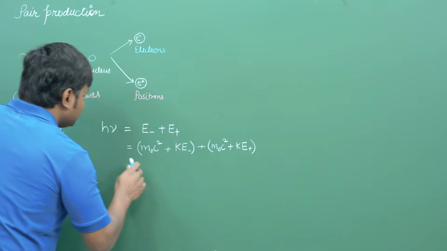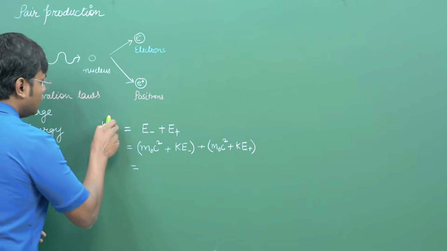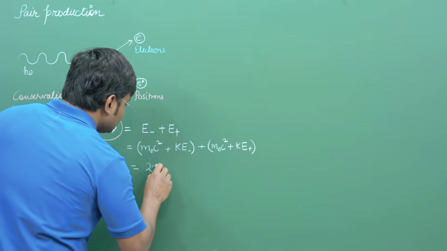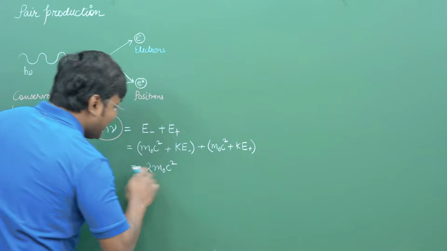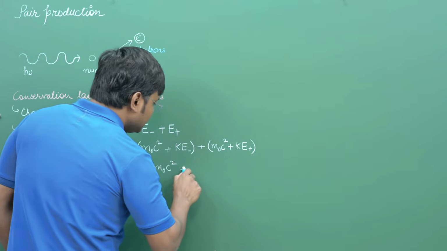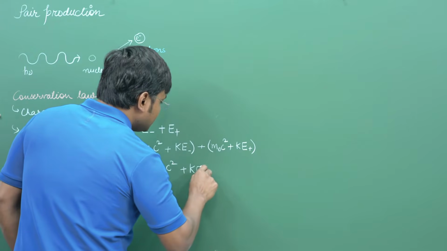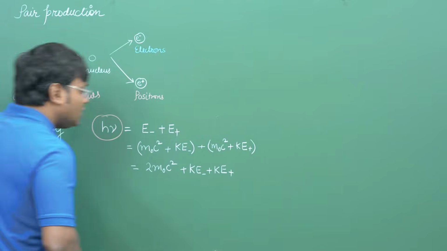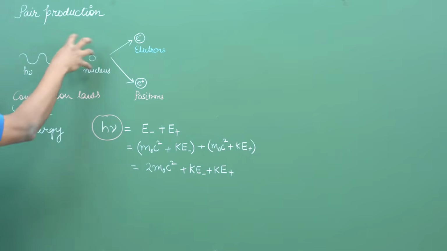Therefore, the total energy of the photon ends up in the rest mass energy of the electron and the positron plus the additional kinetic energies that they may possess. Now there is an additional energy term here, that is the recoil of the nucleus.